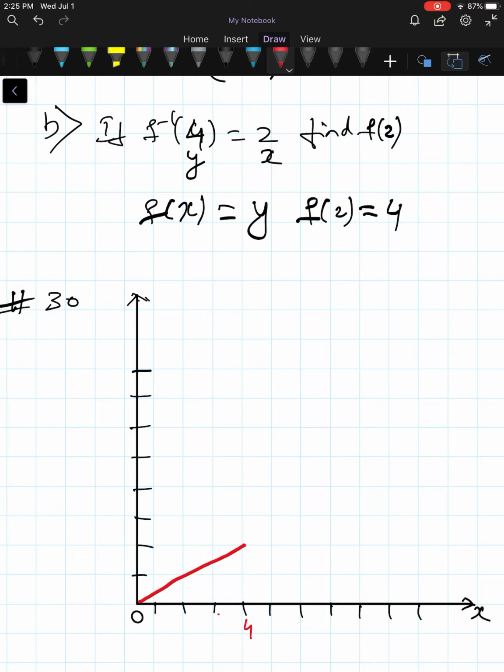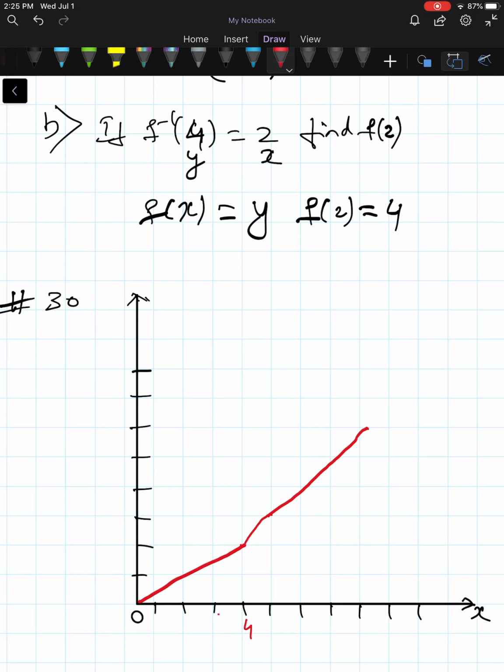So this is the first line, and then the graph rises to 5 like this and moves on like this.